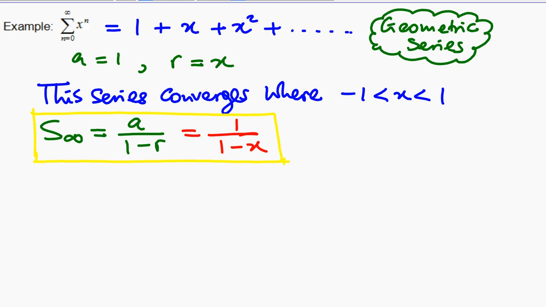All right? But it converges to this function when x is between -1 and 1.